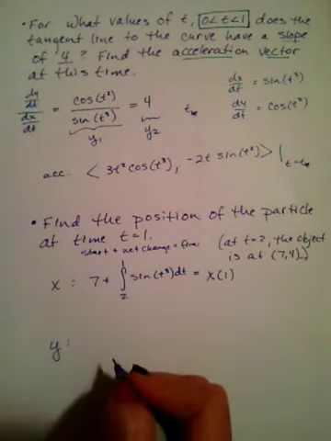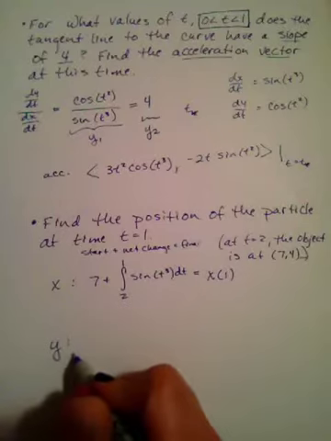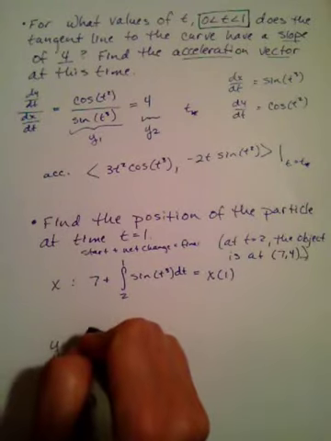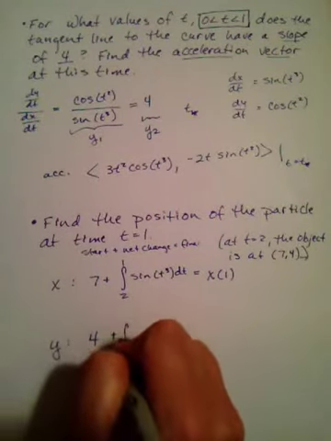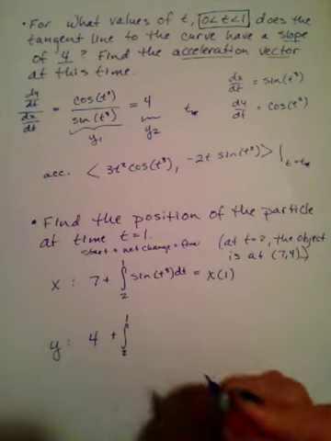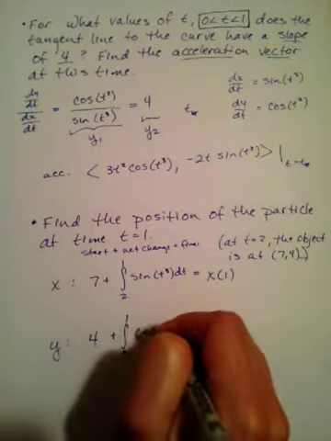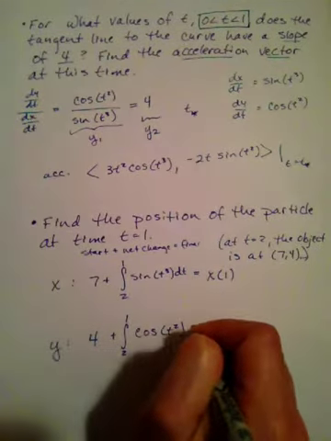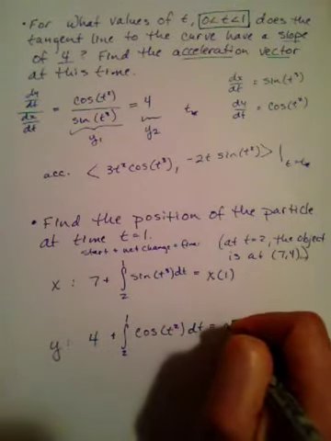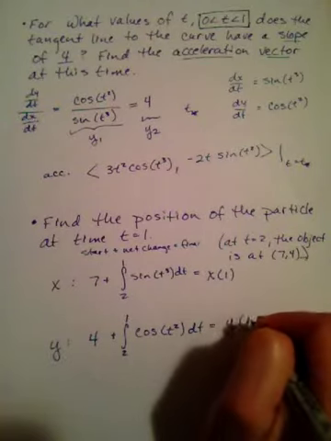It's the first fundamental theorem of calculus. For y, my starting y value is 4. That happened at t equals 2, and I want to know at t equals 1. So I'm doing the same thing, but I'm doing it with dy/dt, so cosine of t squared. And that will give me my y at time 1.